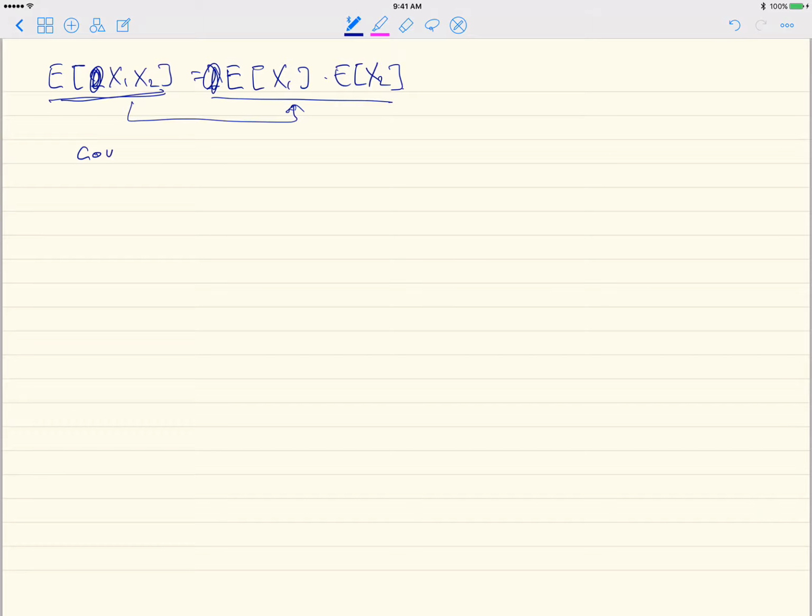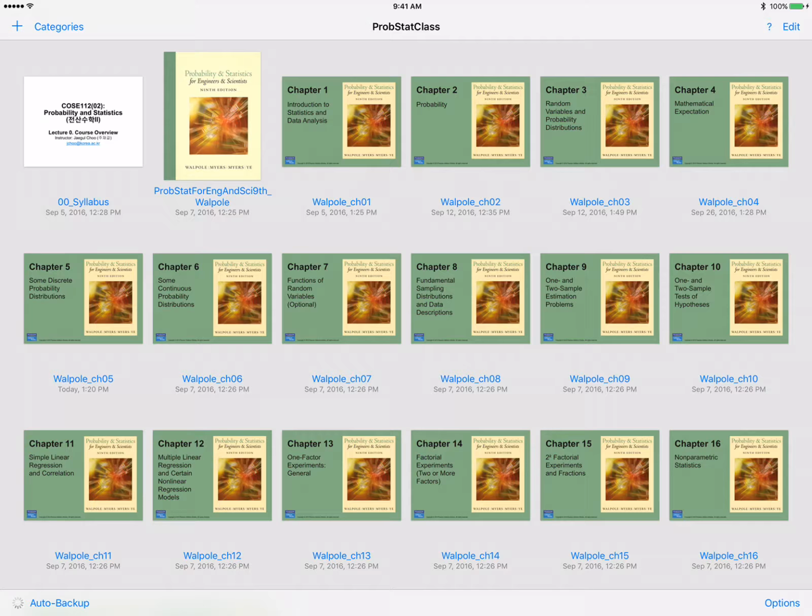The covariance between x1 and x2 should be 0. So this was uncorrelatedness. And then from here we derived that this is equivalent to this.